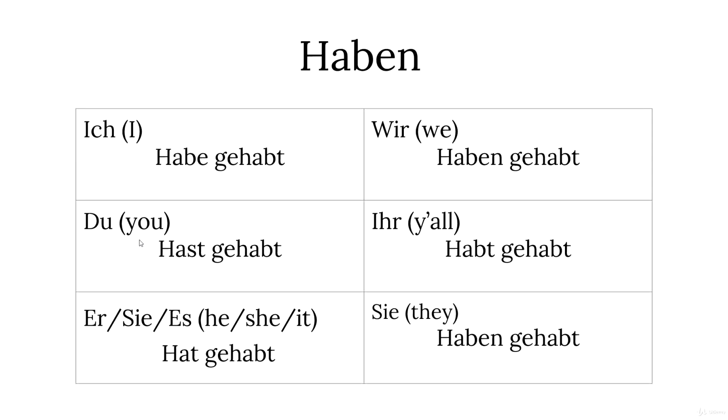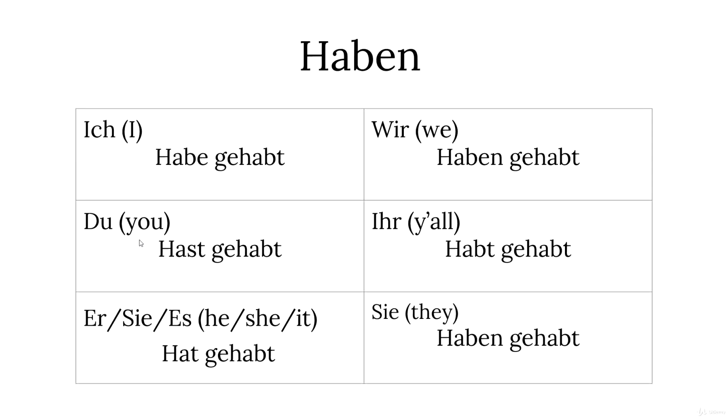The verb to have doesn't need any movement, so it takes also the verb haben. And gehabt is the form of the verb haben. And as you can see, the verb gehabt is unchangeable, regardless of the pronoun. Only the verb haben, the first verb haben, needs to be changed.